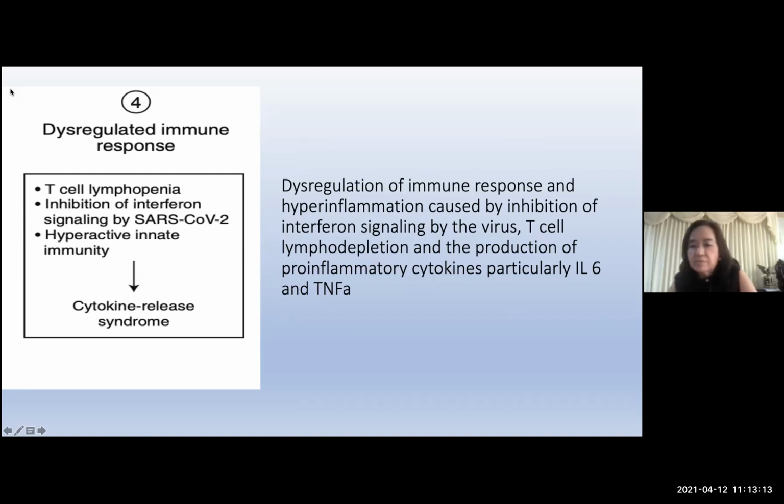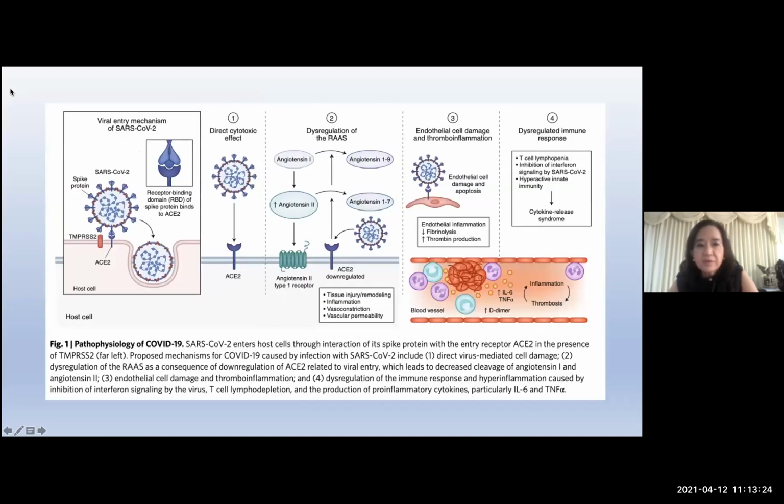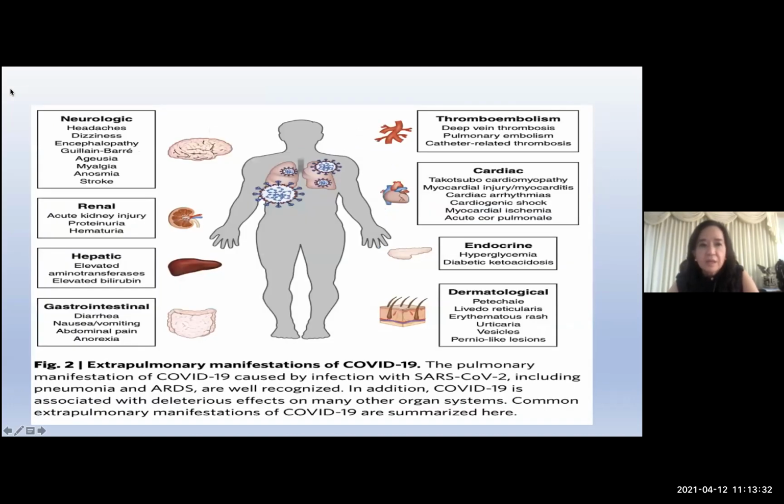Cytokine release syndrome would be manifested by high-grade fevers, hypotension, and multi-organ dysfunction. So this, in summary, is the whole pathophysiology of your COVID-19 infection. These are the organs affected, but for the purpose of this lecture, we are focusing only on the dermatological manifestations of COVID-19.